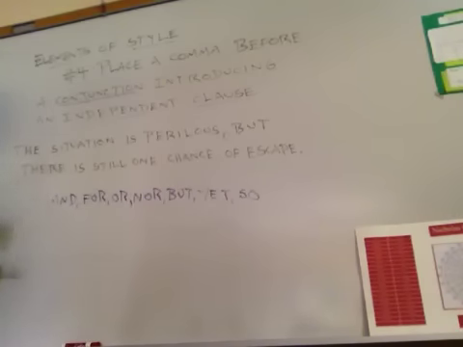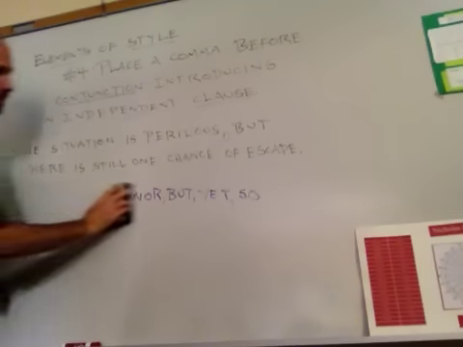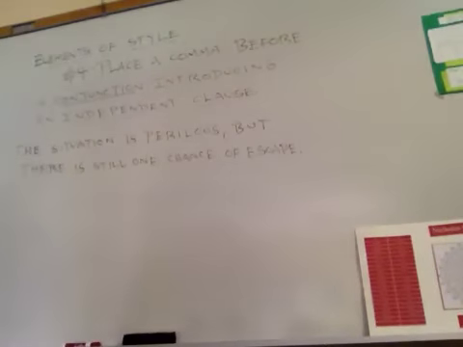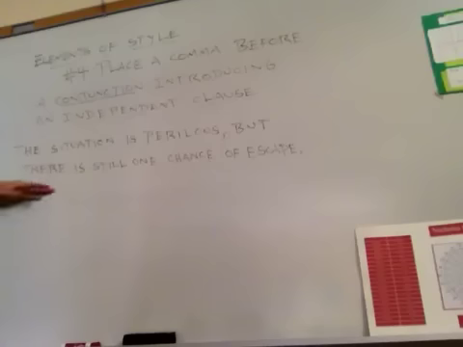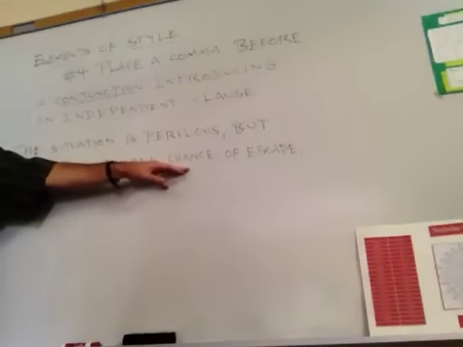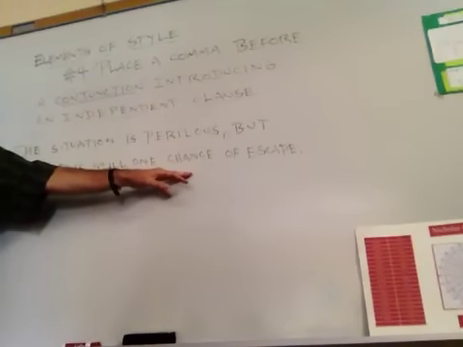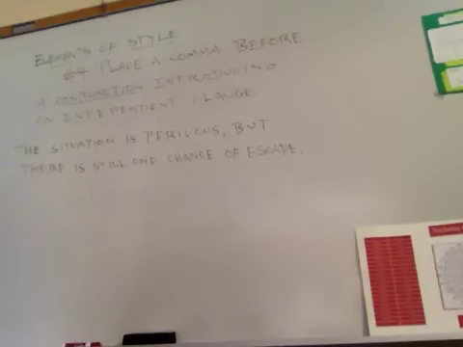One other thing that I want to mention, which is important here, and let's use a different sentence, is when you have the same subject for both independent clauses. For the previous one, situation is the subject for the first independent clause, and this is an inverted sentence, so one chance is the subject for the second one. So there are really 2 different subjects for 2 different sentences.